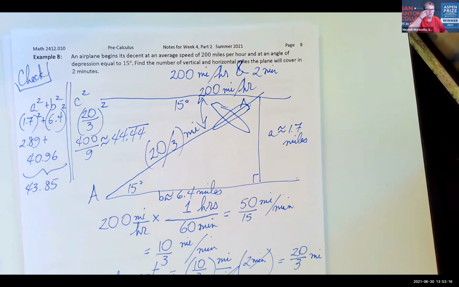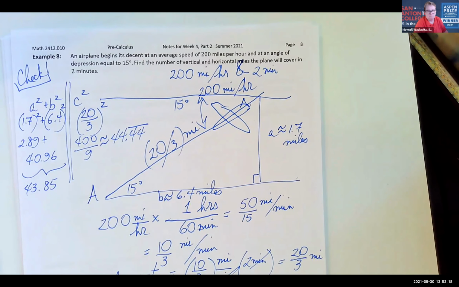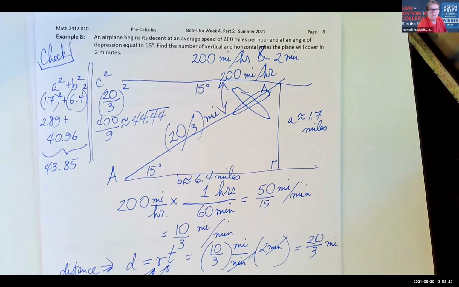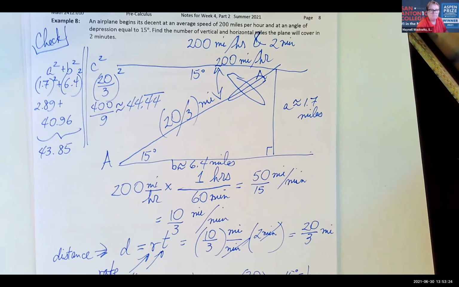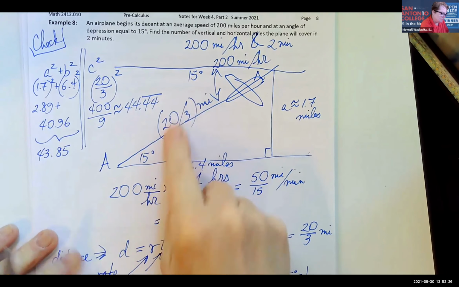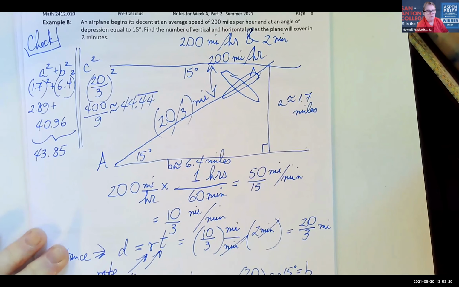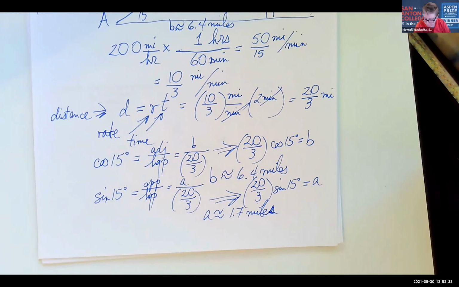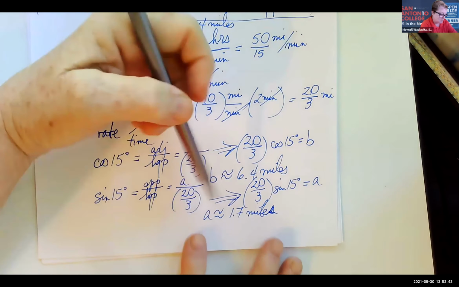And so are we happy? Where did we end up rounding? Because we didn't round the hypotenuse at all. But where did we round? We rounded for side B and A. That's right. And we rounded a lot.